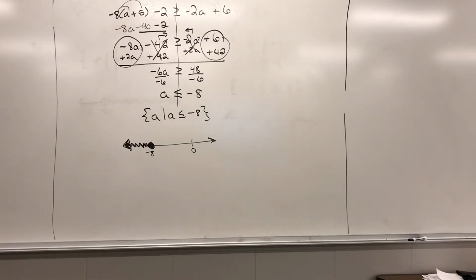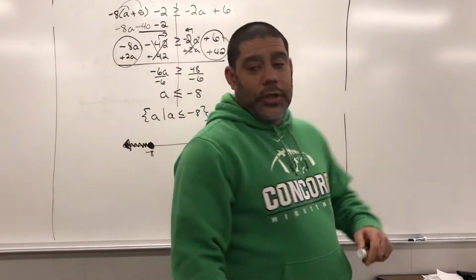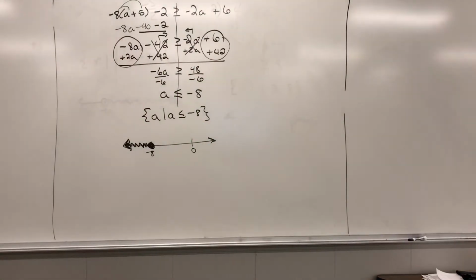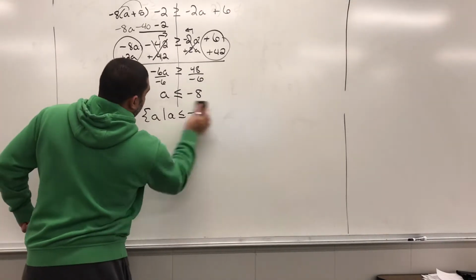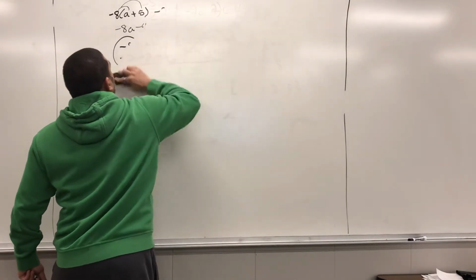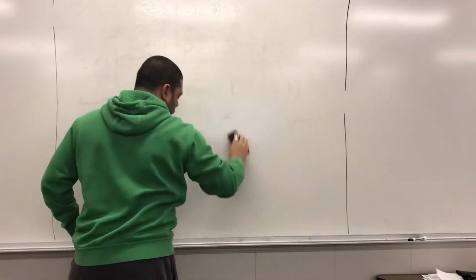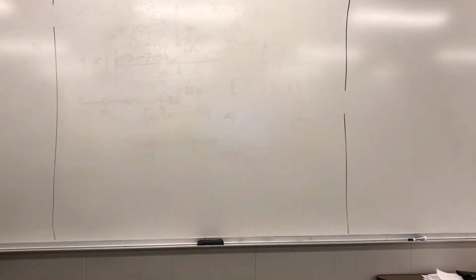Now, the next two are going to be word problems. It's going to take me a second here to write this up, but I want you to just write the inequality. Do not worry about solving, just write the inequality.